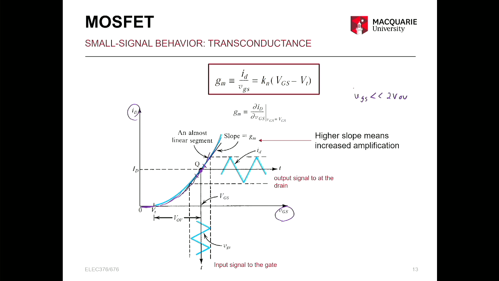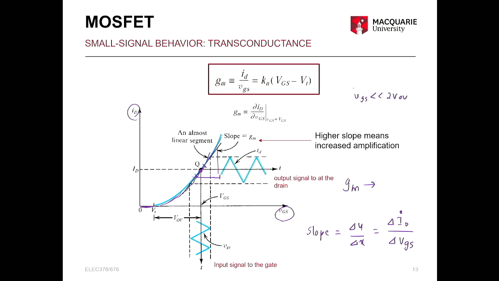So what is the slope of this curve? How do you find the slope? It is delta y divided by delta x, right? So delta y is delta ID, and delta x is delta VGS. So it is the conductance, I divided by V. It gives you the conductance.